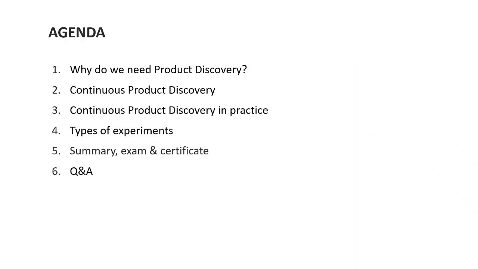Our agenda for today is, let me display the screen once again. We will start by discussing why we need product discovery and what it is. Then I will tell you a little bit more about continuous product discovery, which is a specific type of product discovery. Then I will show you how you can apply the principles of continuous product discovery in practice.